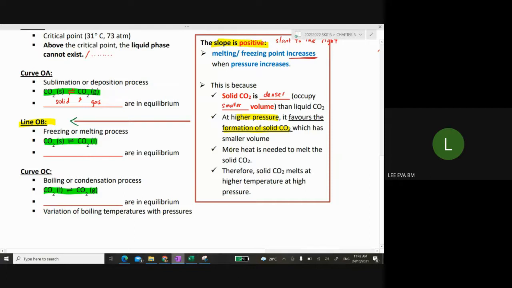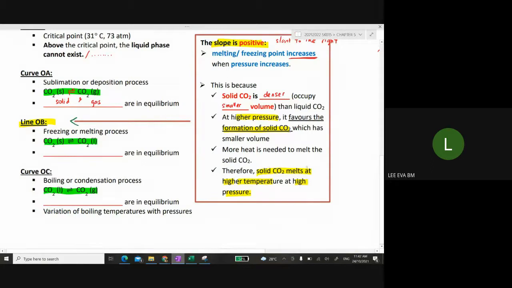So this one is a further explanation. More heat is needed to melt the solid carbon dioxide, and therefore solid carbon dioxide will melt at a higher temperature at higher pressure. This one is a specific explanation: melting or freezing point increases when the pressure increases.